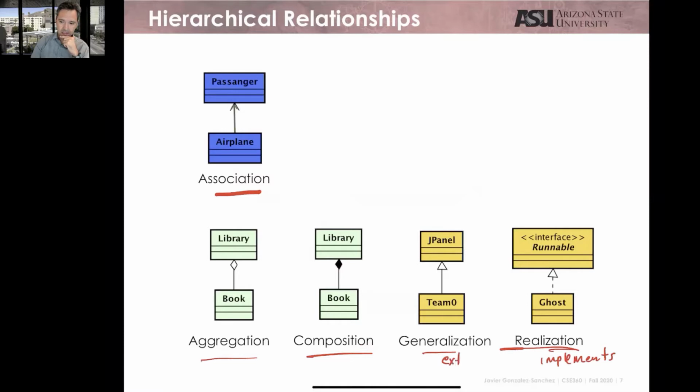Generalization is extends. And can you explain to me the difference? Extend, implement, when do you use one or the other? What is the difference between this one with the solid line and this one with the dash? Well, this one is a class and this one is an interface, the panel. Yes, correct. So those are your zeros and ones.